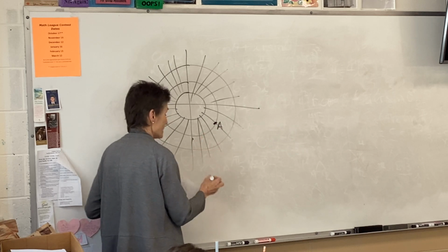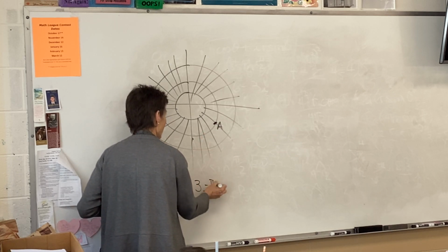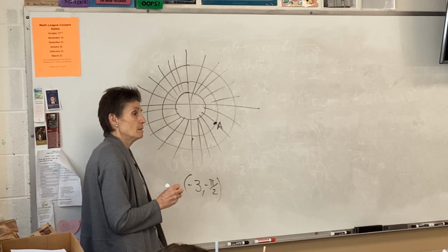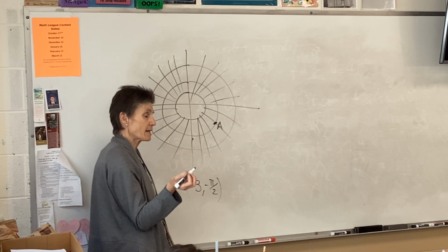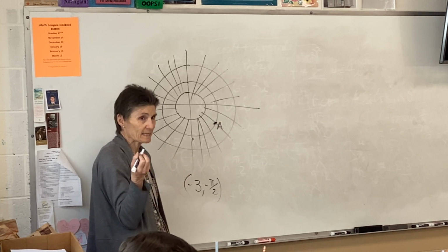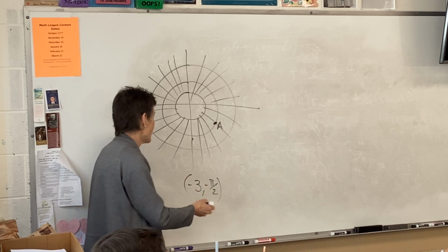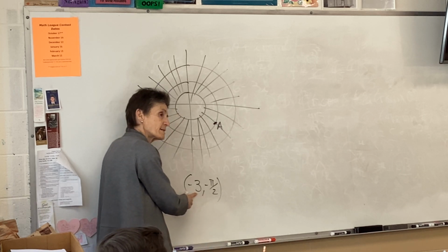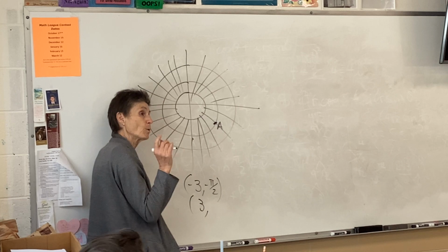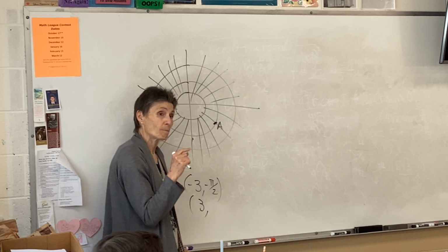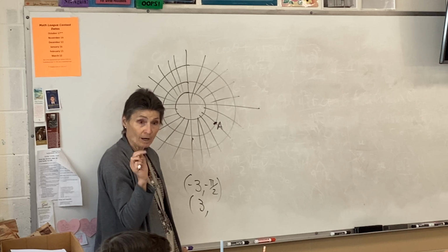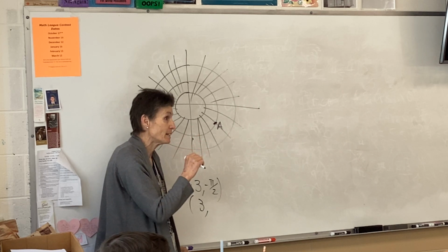Negative 3, negative pi over 2. Now, this is the case all the time. You develop your own way of thinking about it. How does it make sense to you? Personally, I don't process negative r's very well, so I'm going to make it positive, remembering that when I make r positive, my angle changes by 180 degrees or pi radians.